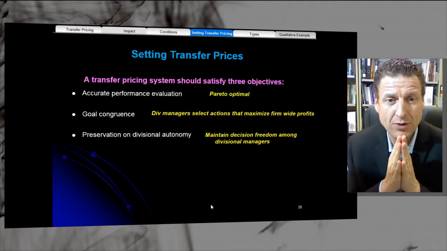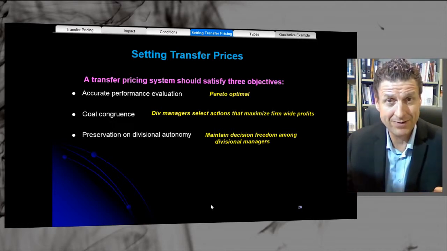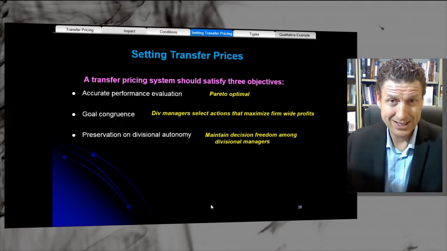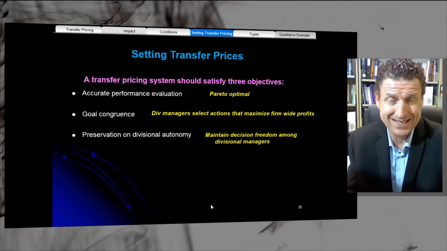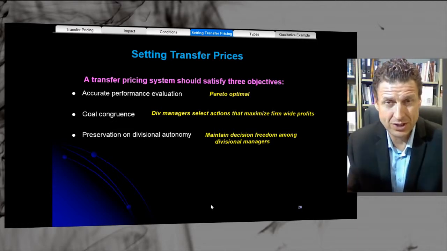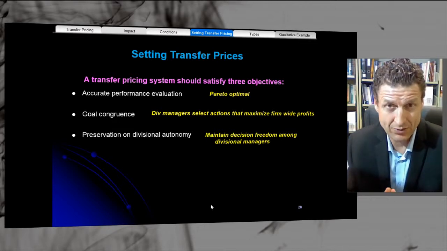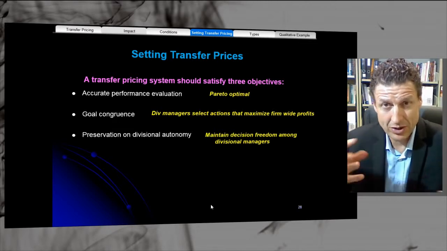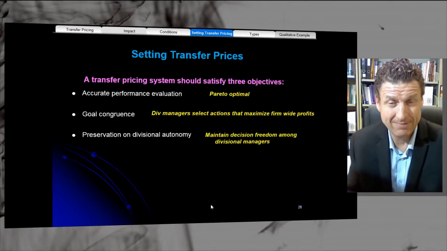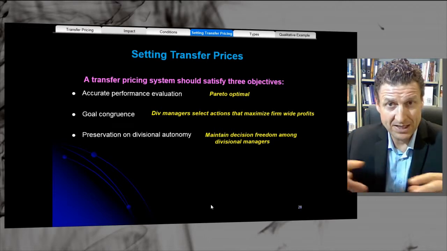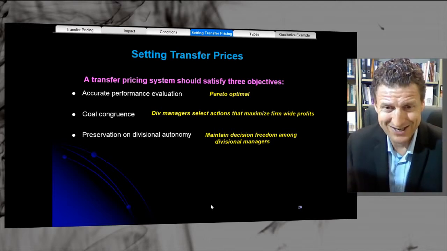And also we want to preserve divisional autonomy. So we've given divisions opportunity to grow and to make decisions, not have to refer to head office all the time, not have to refer to one another all the time. So we try to keep that decentralized environment working for the benefit of the organization to maximize how we manage the knowledge transfer costs. Yes.